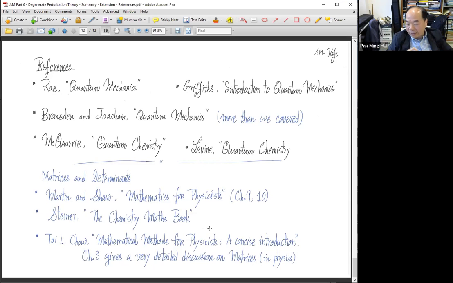Now the answer is the following. You change basis so that the small matrix is diagonalized. Meaning, intentionally, you change basis to make sure that this small one, the off diagonals are 0.